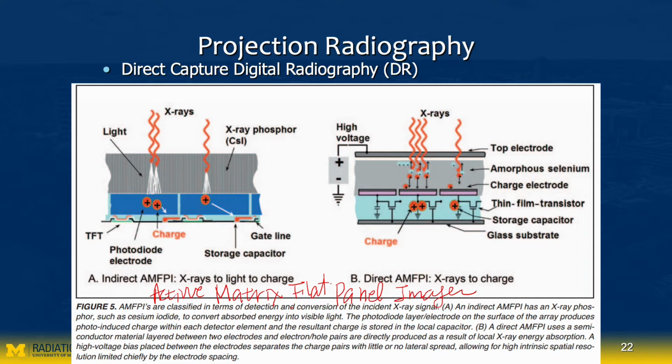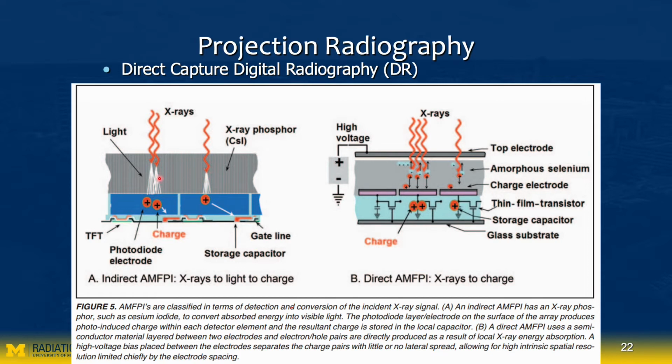On your left is indirect. So what is indirect? Radiation, X-ray, comes down, and this layer is a phosphor, such as cesium iodide. The phosphor converts X-ray energy into visible light.